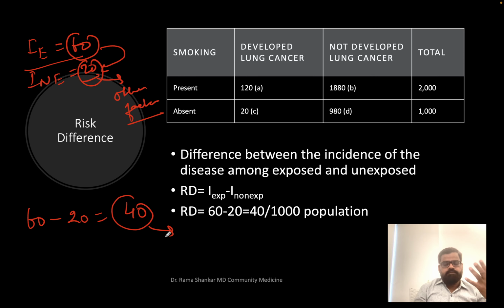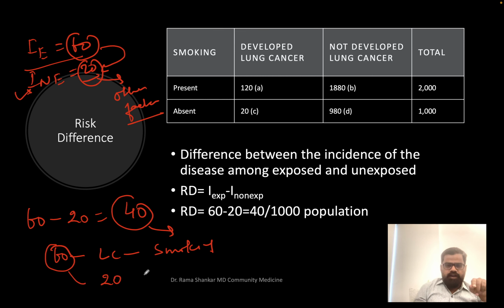Now let me put it in simple common language. 60 people developed lung cancer among smokers. Suppose I say, assume that they are not smoking. Based on the incidence in non-exposed data, even if they were not smoking, 20 would have developed lung cancer because that is related to some other factor.